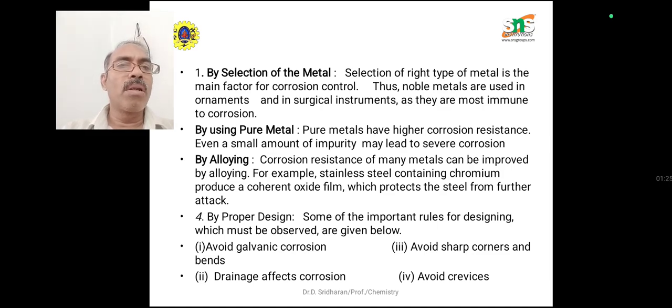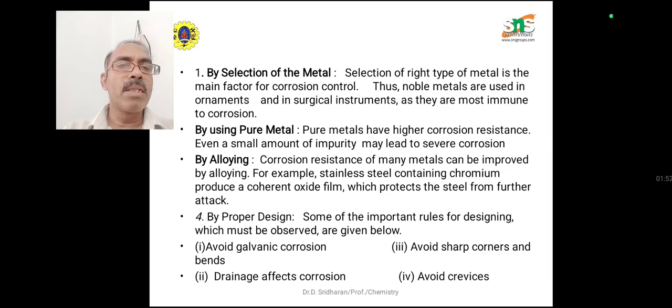Even a small amount of impurity may lead to severe corrosion. By alloying, the corrosion resistance of many metals can be improved. For example, stainless steel containing chromium and nickel produces a coherent oxide film which protects the steel from further attack.